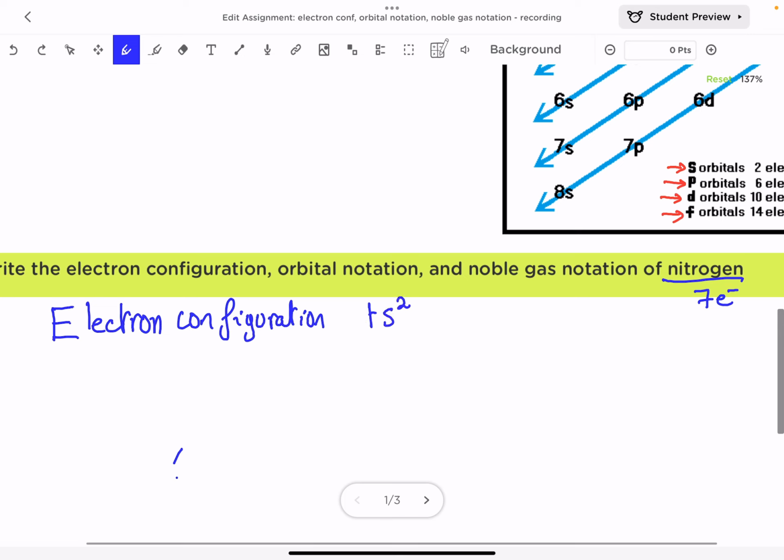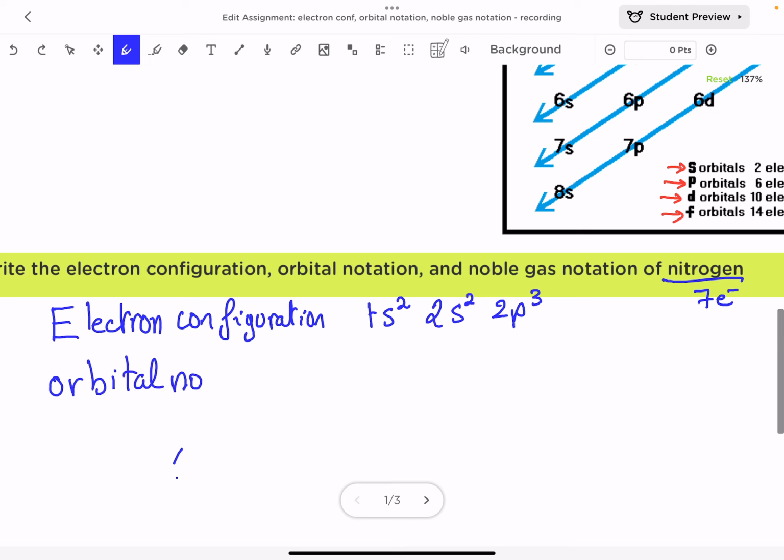So 1s2, 2s2, and 2p3 only because I only have 7 electrons. I know that p can take up to 6 electrons, but in this case we only need to fill in 3.